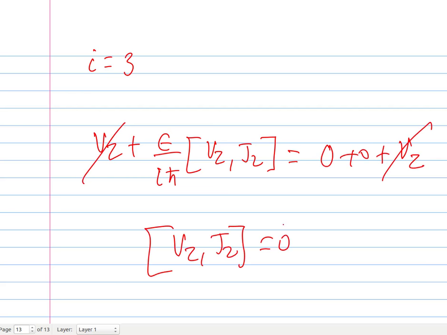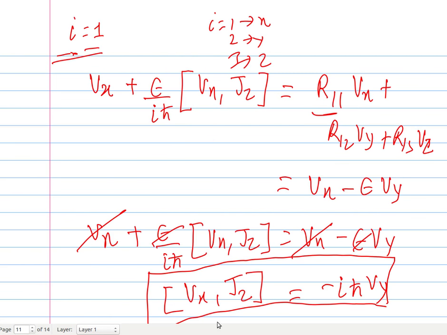So let us look at our results. For i equal to 1, I get Vx commutation Jz equal to minus i h bar Vy.